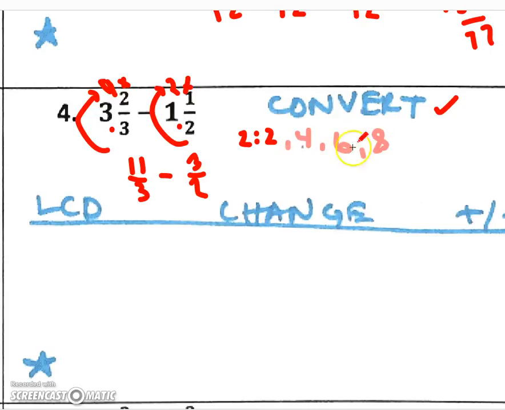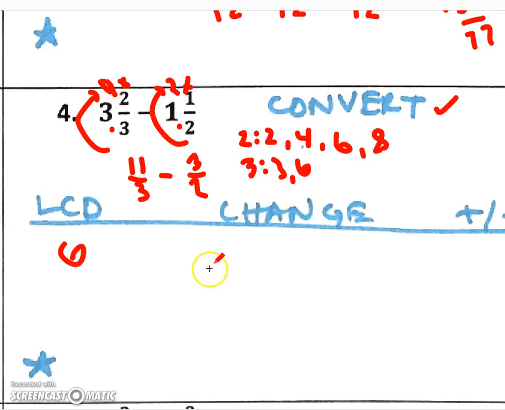I'm going to go that far. I'm going to do the same thing for 3. 3, 6. Oh, already found one. A common denominator of 3 and 2 is 6. Okay, so our LCD is going to be 6 here, I see.